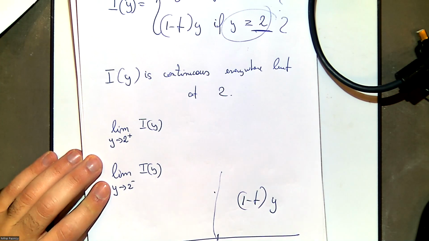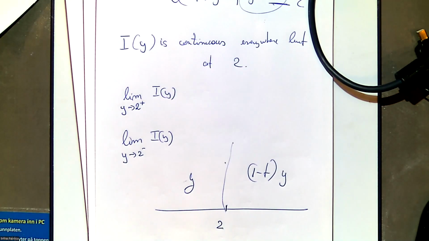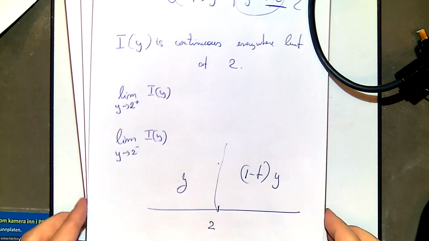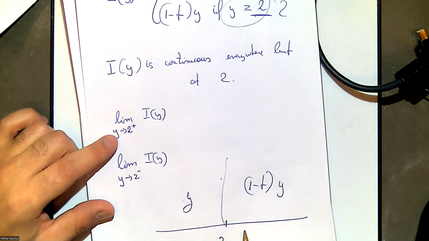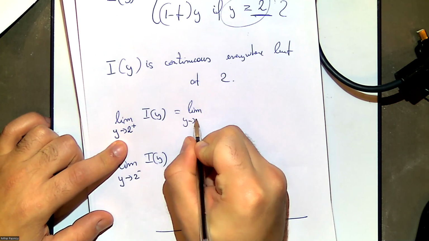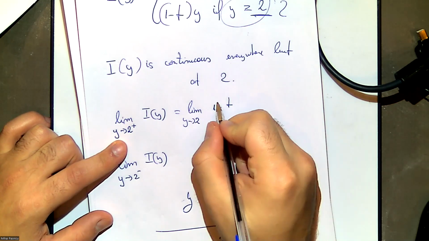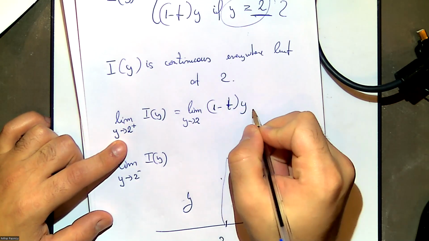The function takes this value for any y greater than 2, and takes the other value for any y smaller than 2. That's what the definition says. So when I'm coming from the positive side, this is just the limit when y goes to 2 of 1 minus t times y.